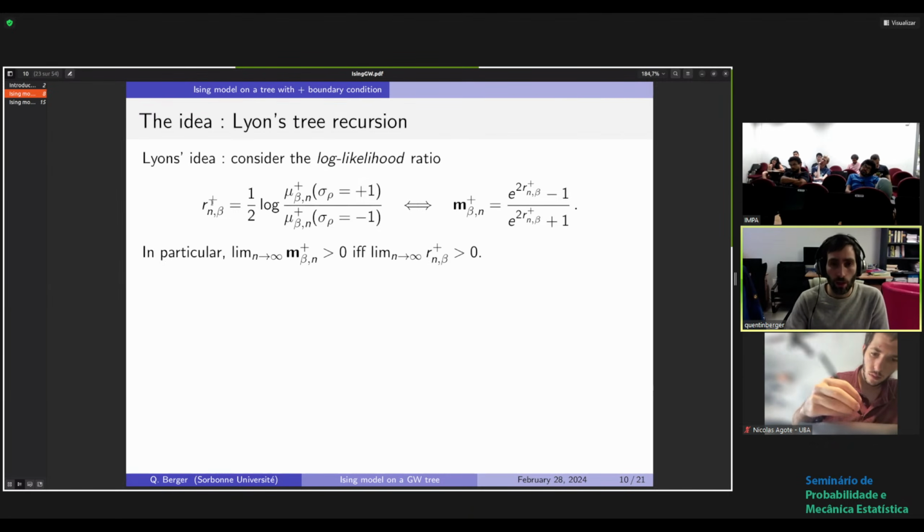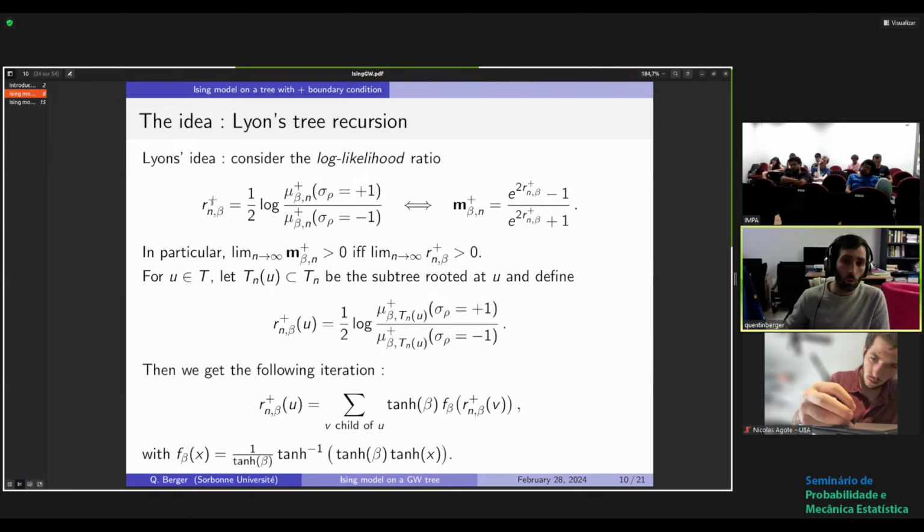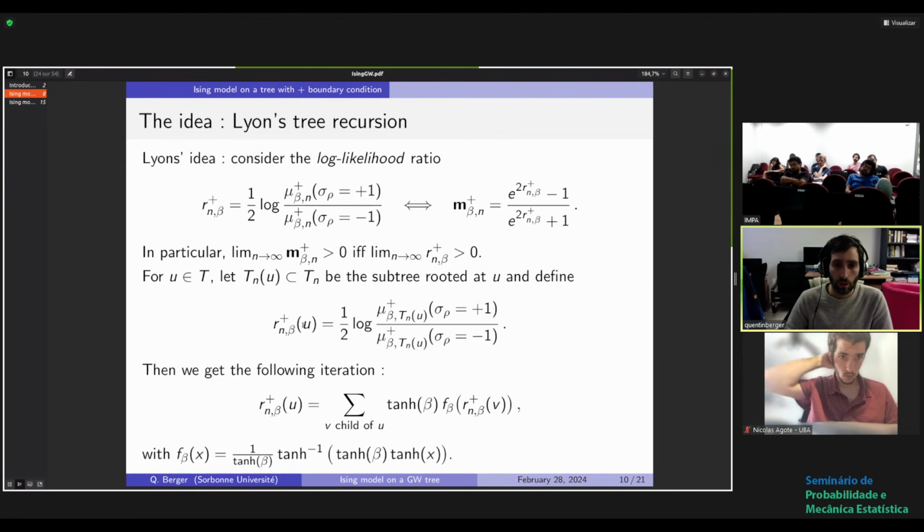Once you've done that, you can see that you have a recursion on the tree. So what is the recursion? Here I put some details of it. Take a vertex u in the tree and look at this log likelihood ratio inside the subtree rooted at u.